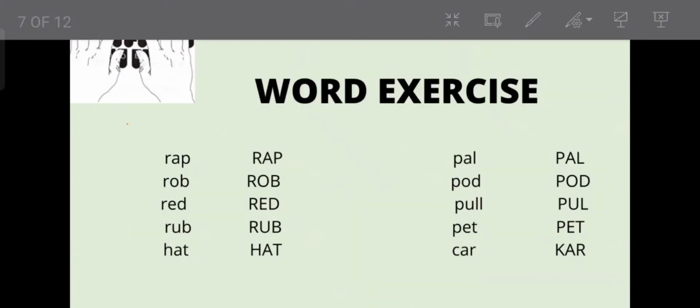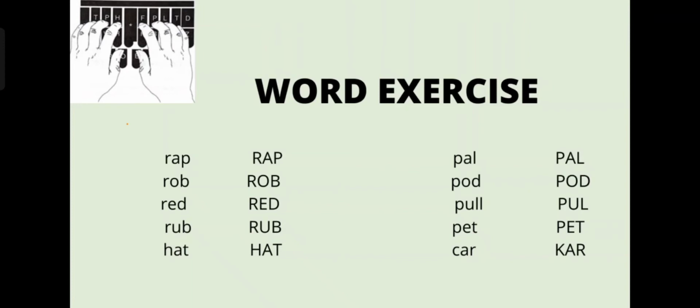So here, let's practice. For example: wrap, rub, red, rub, hat, pal, pod, pull, pet, car. These words are single stroke words, or single syllabic words.